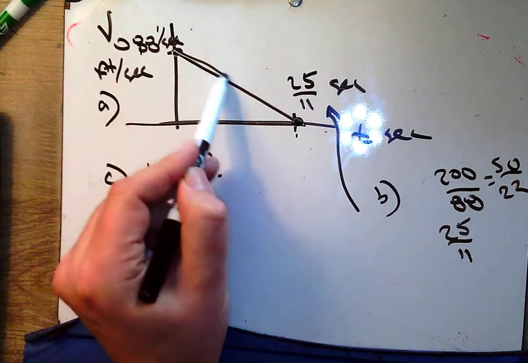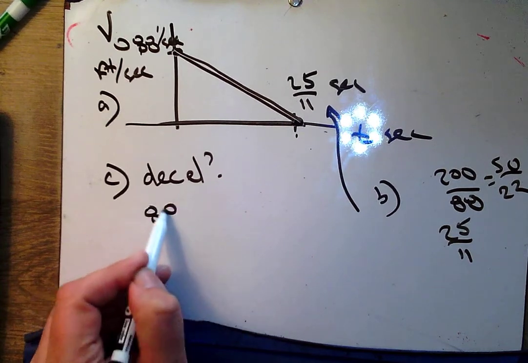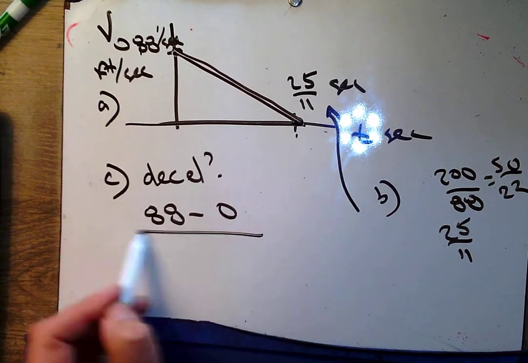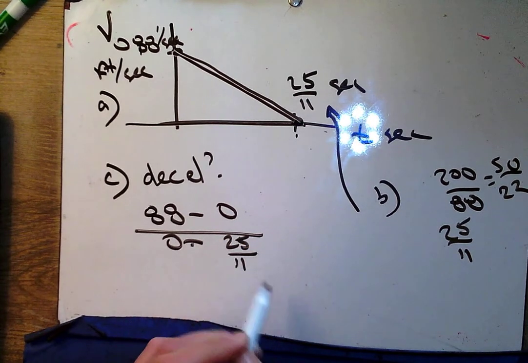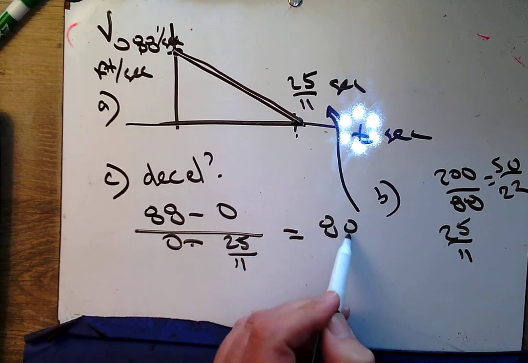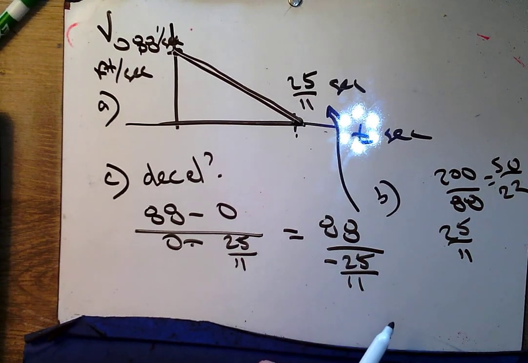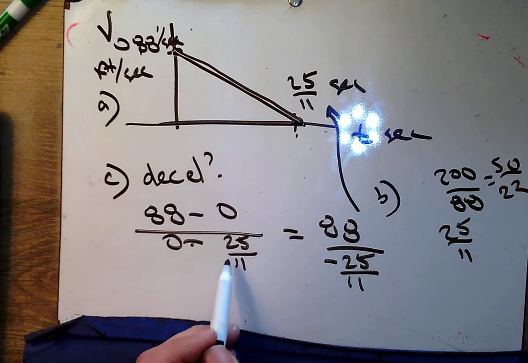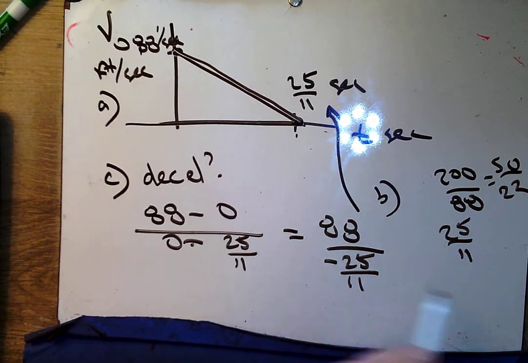All right, so part C, car's deceleration. Well, that's the slope of this line. So let's write the equation of that line. 88 minus 0 over 0 minus 25 over 11. That's going to be 88 over negative 25 over 11. So negative 25 over 11. It really is. And then I flip and multiply.